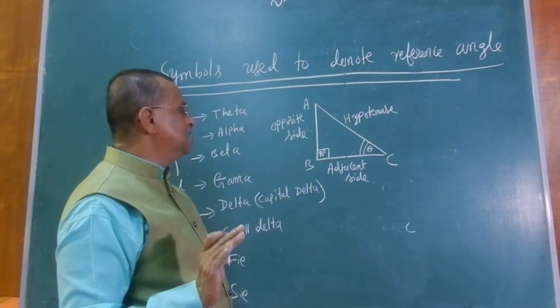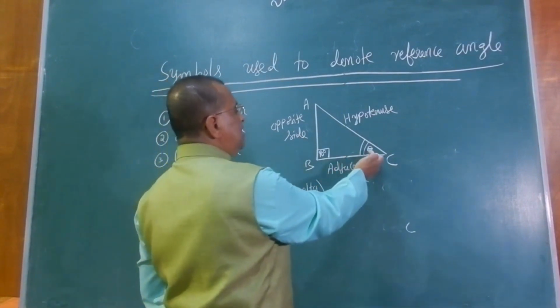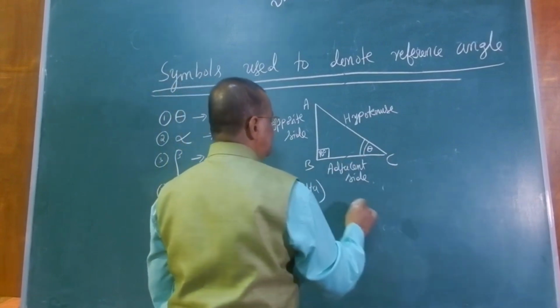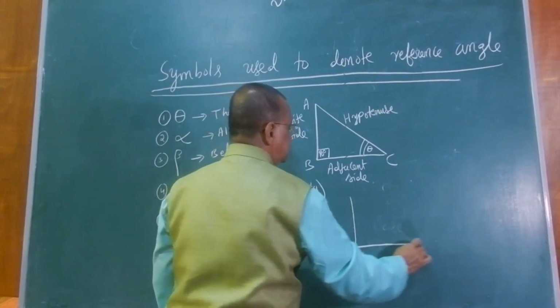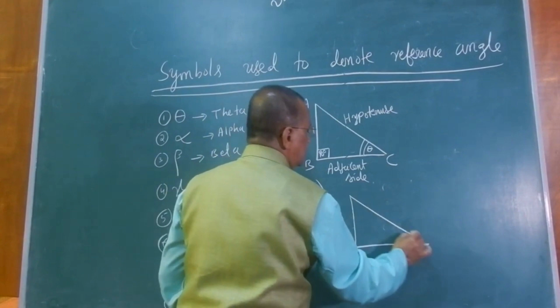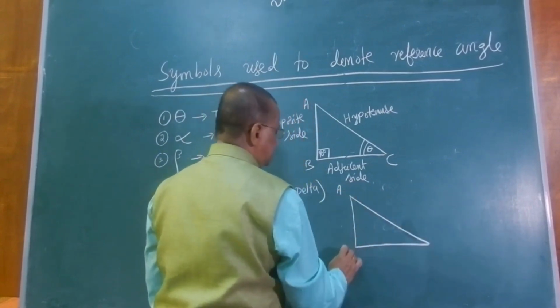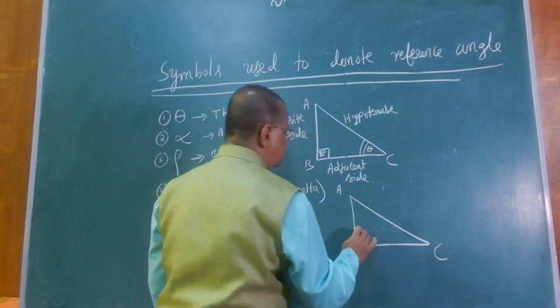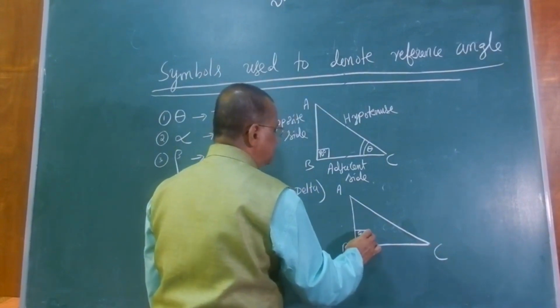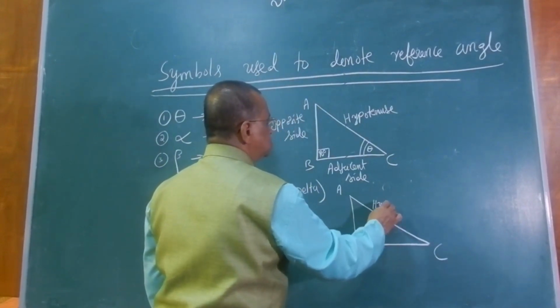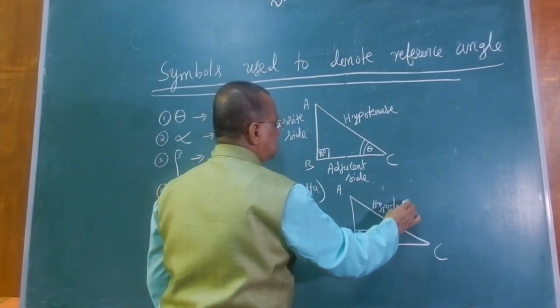Here, reference angle need not be here itself. We can take the reference angle in a different way. But right angle is always a fixed angle. Therefore, hypotenuse is always a fixed side.